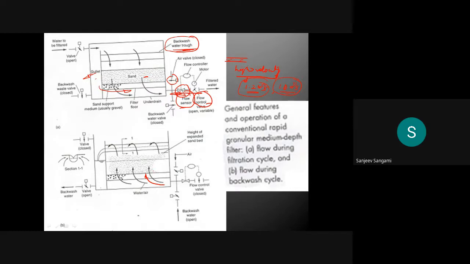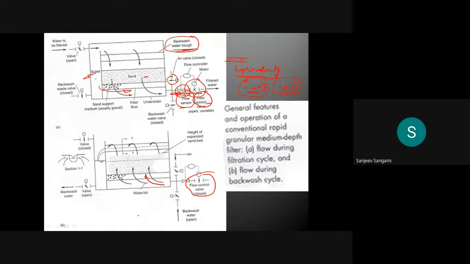After backwashing, we can see that the valve is closed here, and here the valve is open now. Remember, here it is open.